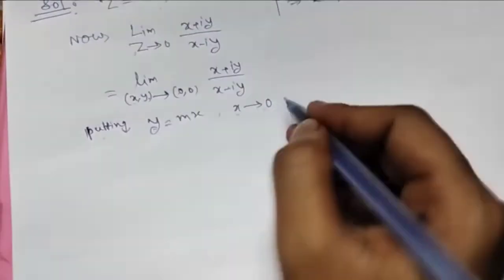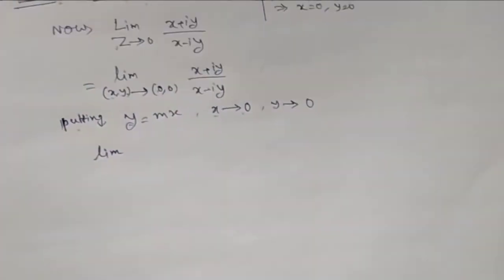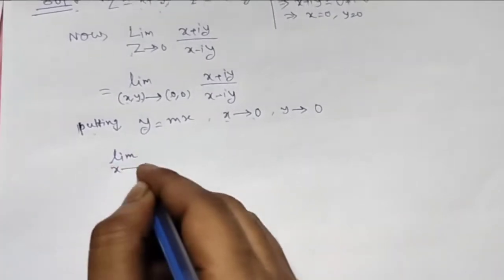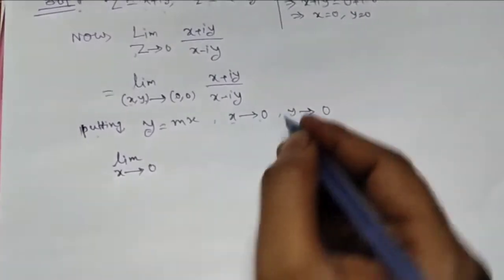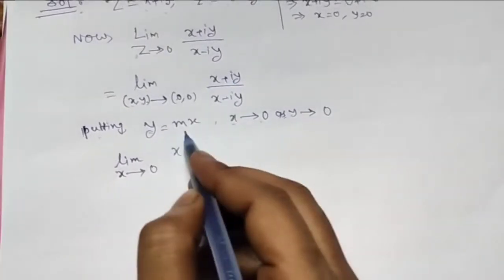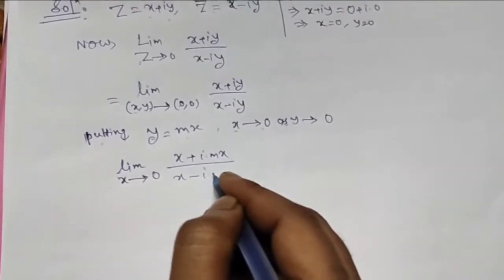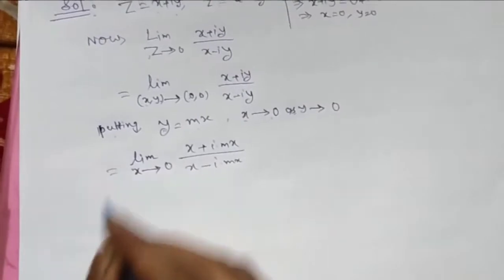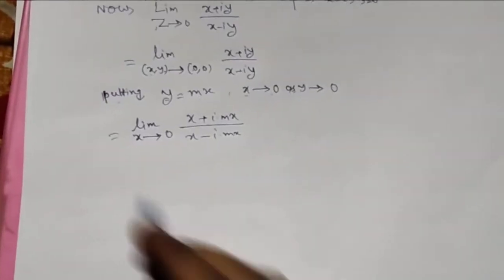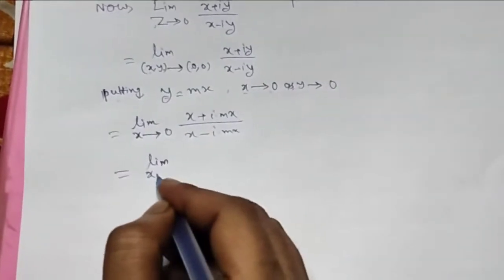So x tends to 0, and y is equal to mx, so we get x plus i into mx by x minus i into mx. तो ये जो है आप लोगों को कैलकुलस चैप्टर में पढ़ाया जाएगा. तो चलिए इसको अभी आप जस्ट जान के रखिए कि यहाँ से ये कर सकते हैं.